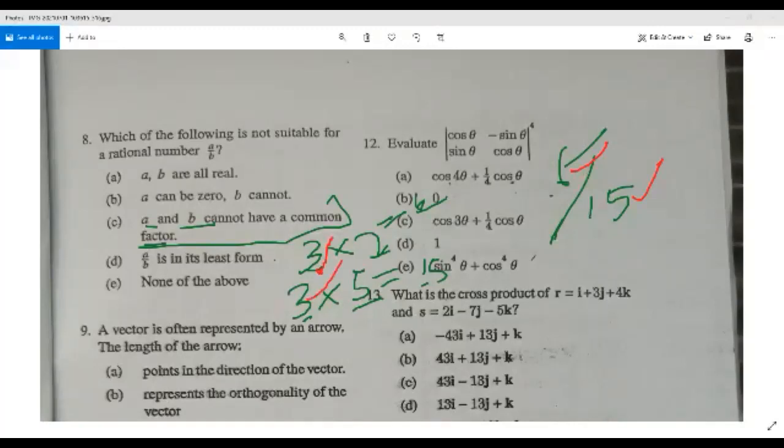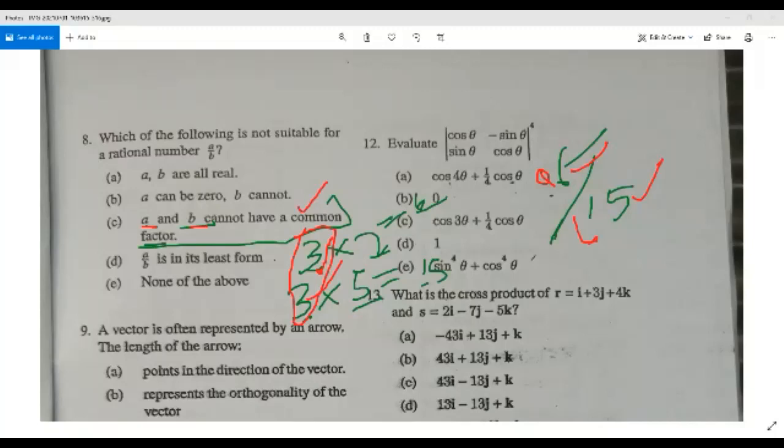So both 6, which is A, and 15, which is B, have a common factor, which is 3. He's saying A and B cannot have a common factor, so this statement is false.